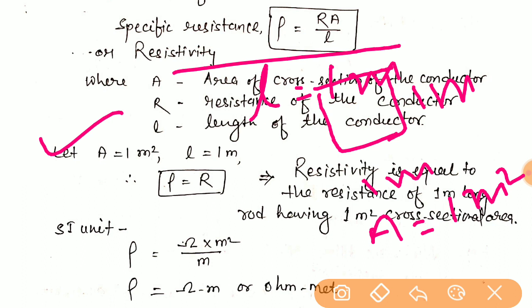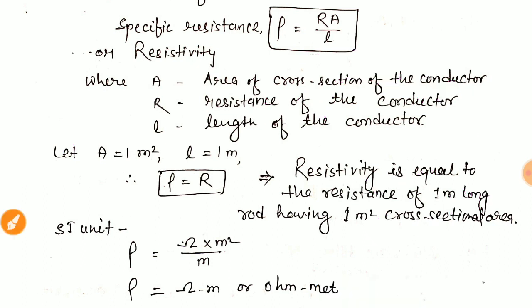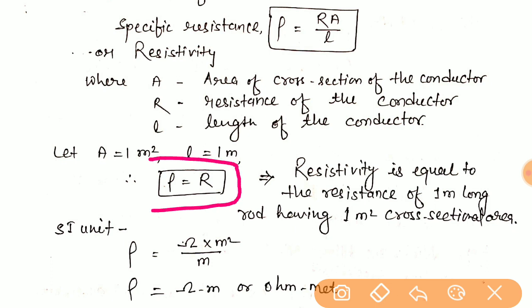It means the resistivity of a conductor is equal to the resistance of that conductor. So we can define resistivity as the specific resistance: the resistance offered by the conductor per unit length having unit area of cross section.